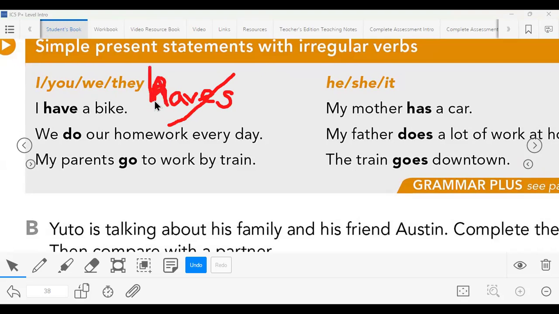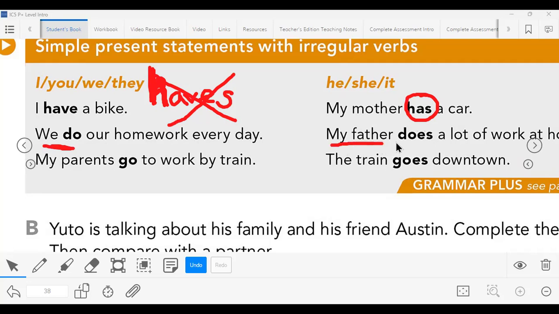That's incorrect. It's not an option. It's not something that we can use. So we have the only possibility, which is has, because it doesn't follow the rules. It is irregular.